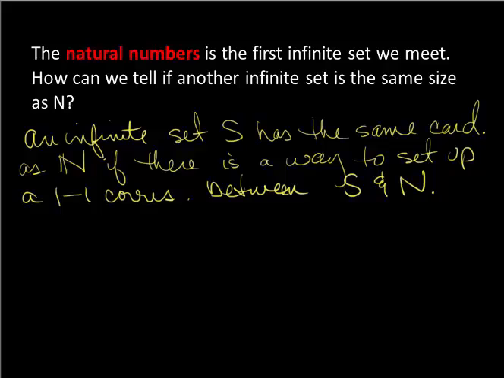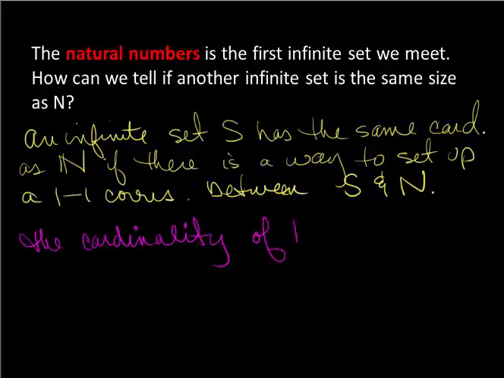And by the way, the natural numbers do have a cardinality. Of course, it's not a number because it's an infinite set. This isn't in the book, but it's nice to have a name for it.